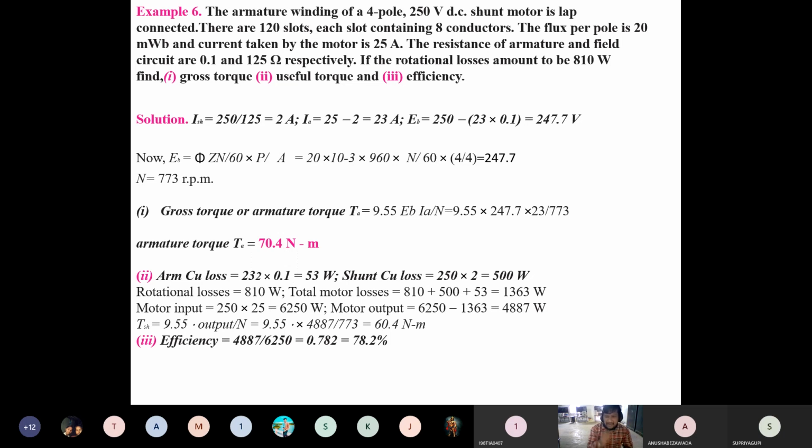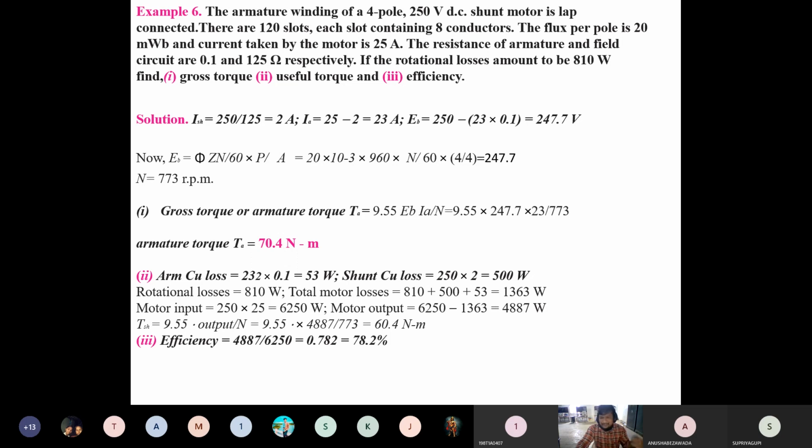From this, first determine the armature current. Armature current IA is equal to IL minus ISH, right? We know the IL value, 25 amperes, but we don't know the ISH value. So first we determine the ISH value. ISH is equal to V by RSH, that is shunt field current is equal to terminal voltage by shunt field resistance, 250 by 125, that is 2 amperes, right?